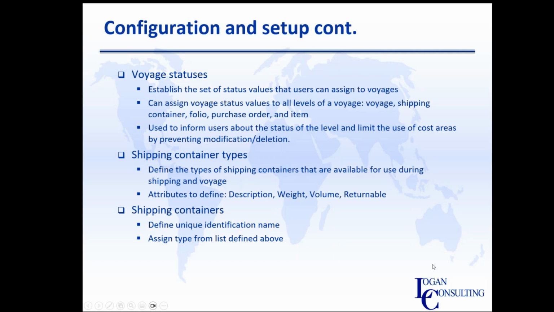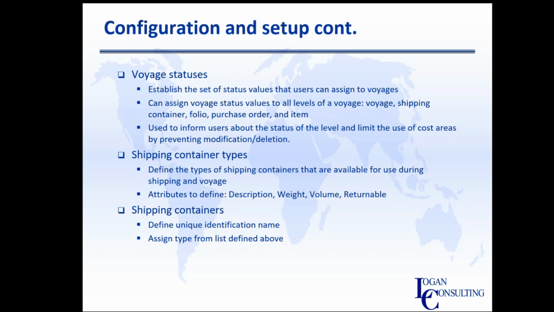Moving on to the voyage statuses. Your voyage statuses can be assigned to a voyage. It's typically used purely for reporting around how your voyages are doing. Are there any that are stuck? It allows the logistics team and logistics managers to get a quick view of how your voyages are moving throughout the system. You can assign voyage statuses to all levels of a voyage.